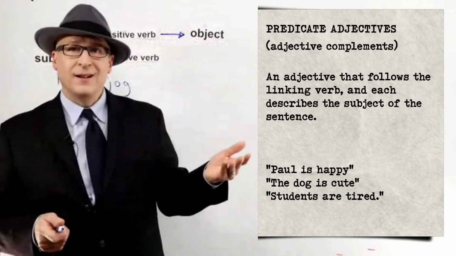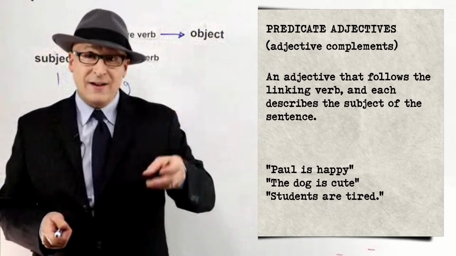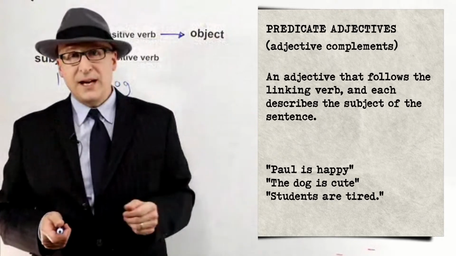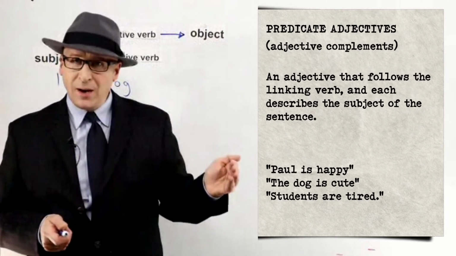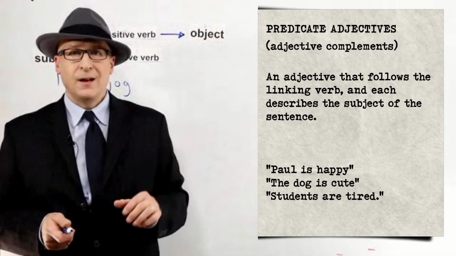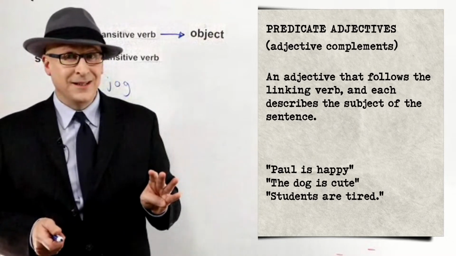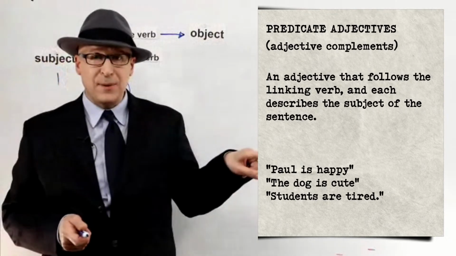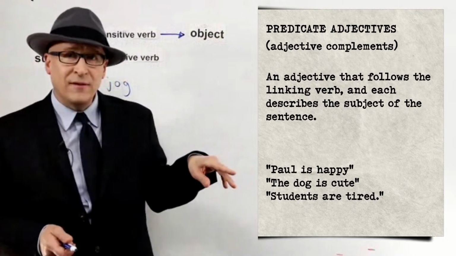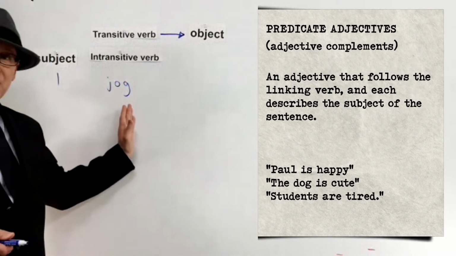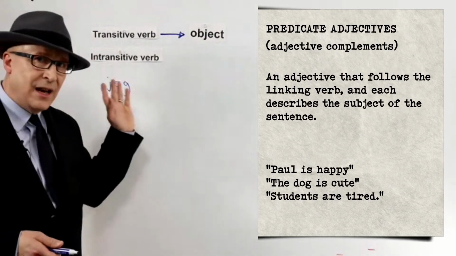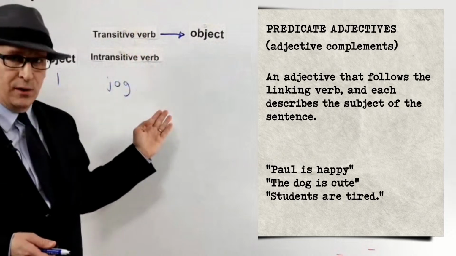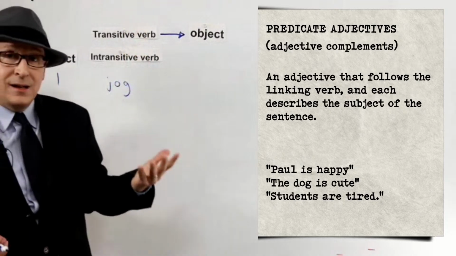We've seen them already, right? It's very common. After a be verb, you can put the adjective. You don't have to. It's an option. What you cannot do is say, Paul happy. You can't have subject adjective. In English, every sentence needs a subject and a verb. You've got to have a verb.